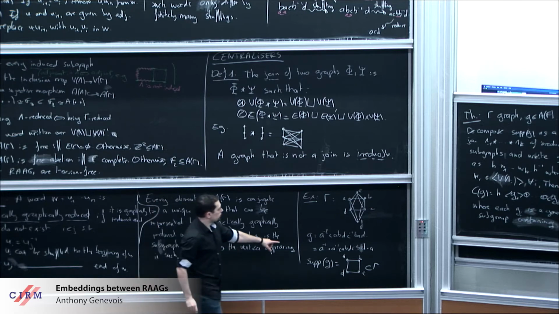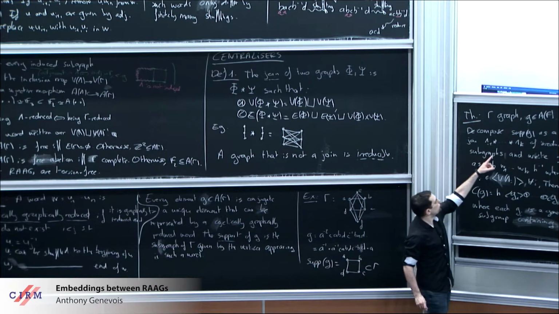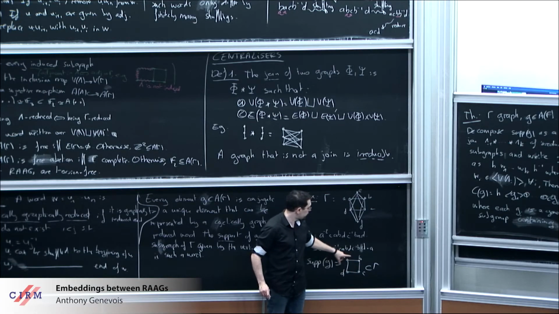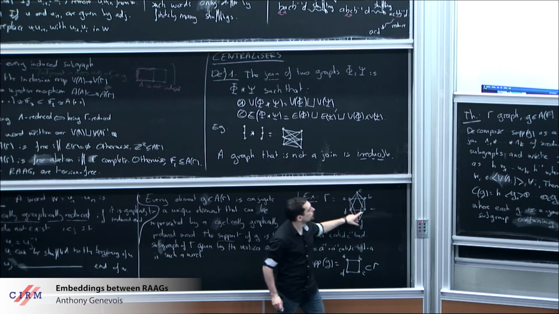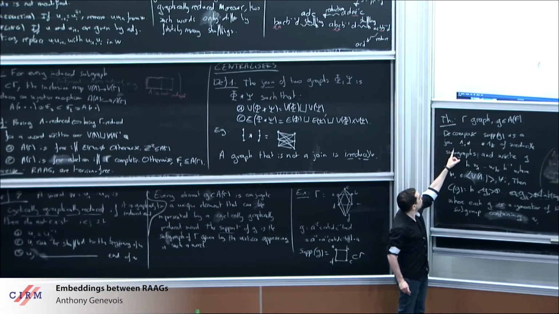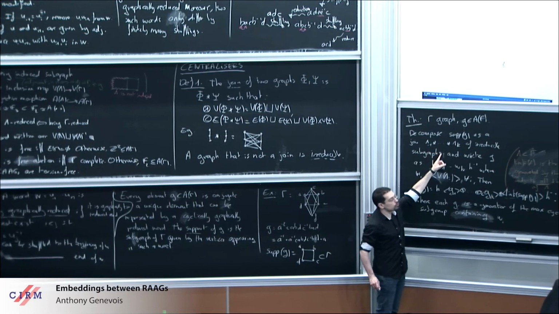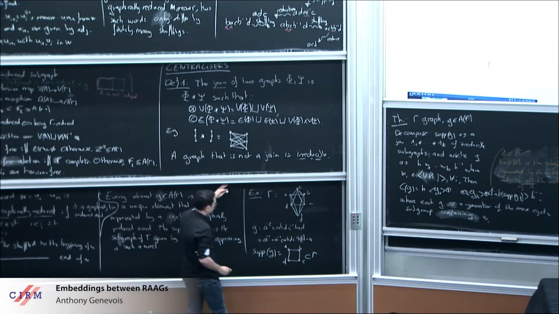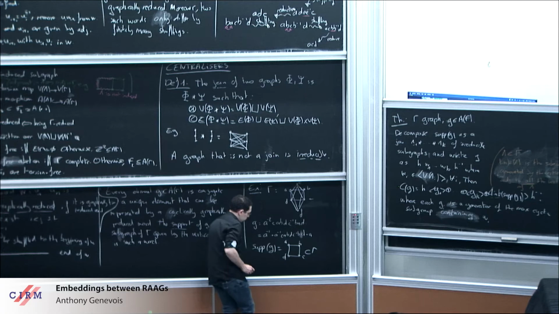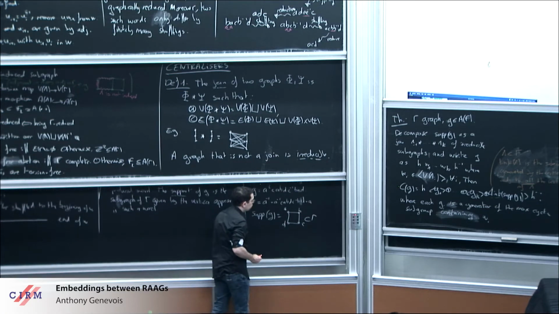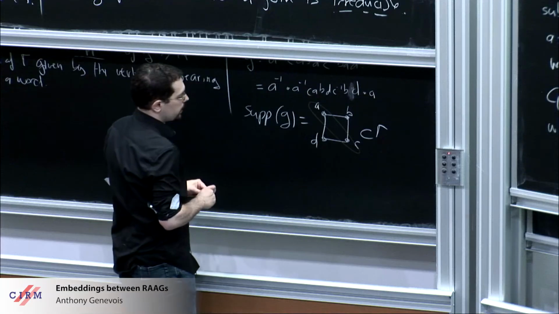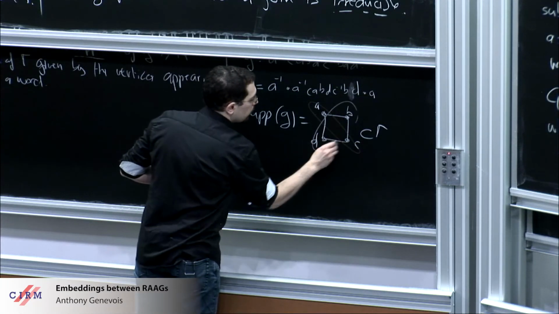In this specific example, we first look at the support of G. We say that the support of G is just this cycle, A, B, C, D. Now I want to decompose this support, this subgraph, as a join of irreducible subgraphs. What I can say is that the support of G is the join of AC and BD.